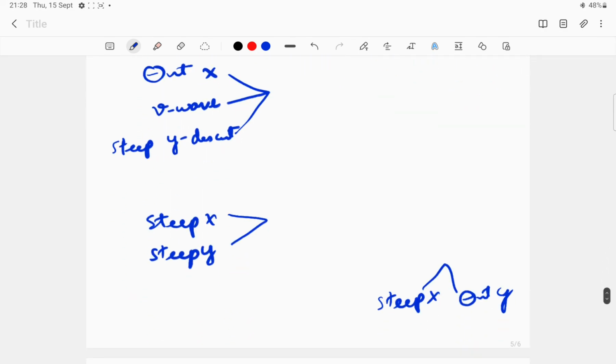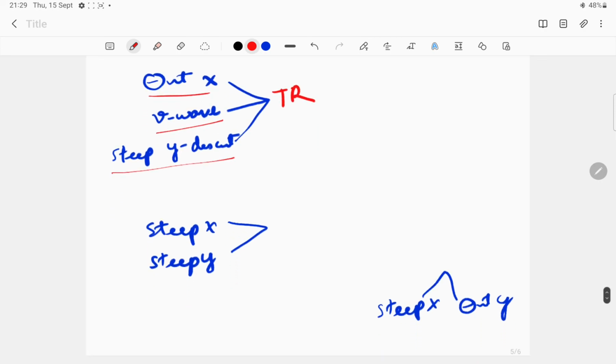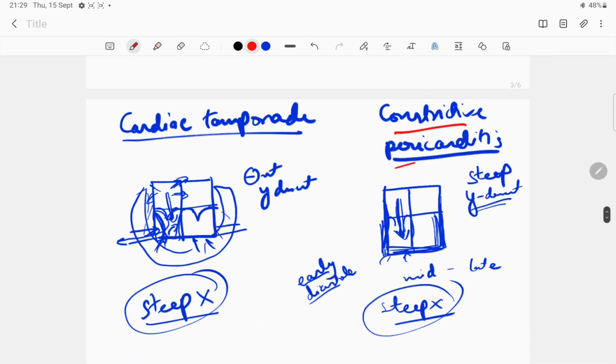And now summarizing it all, we have seen a condition in which there was absent X descent and prominent V wave and steep Y descent. Yes, I'm talking about tricuspid regurgitation, and we will see steep X descent and steep Y descent in constrictive pericarditis.